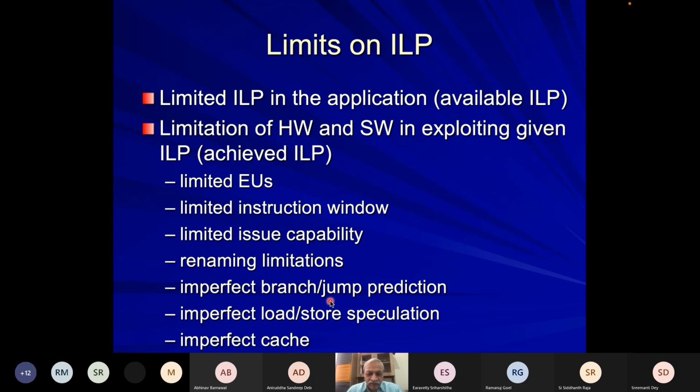When you try to find if some load and store instructions are independent of each other, again, sometimes speculation is used. That is also imperfect. Your cache is imperfect. And because of all these limitations, you are sometimes not able to exploit the available ILP.